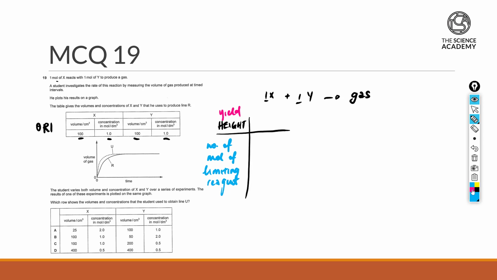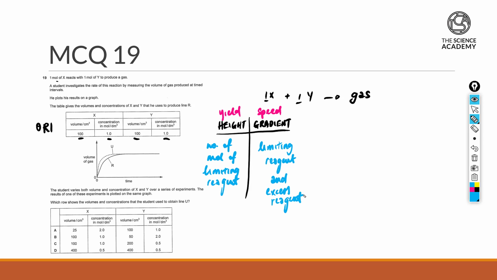Now, when it comes towards determining the gradient of a reaction, which is otherwise indicative of the speed of a reaction, we will be taking precedence from the limiting reagent as well as that from the excess reagent.